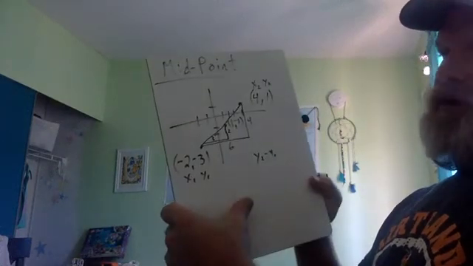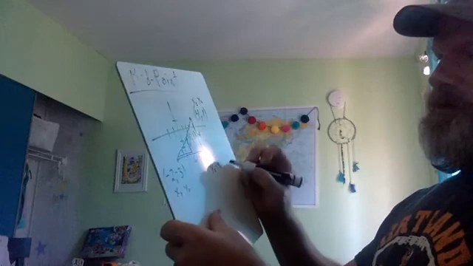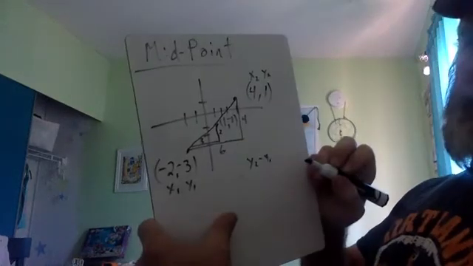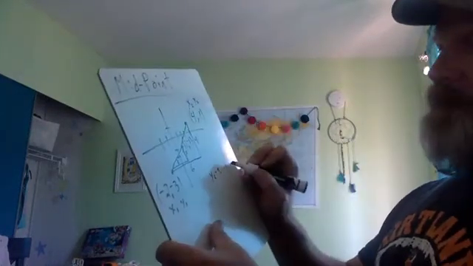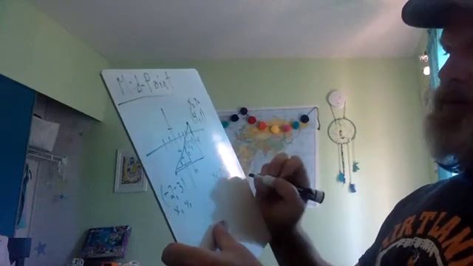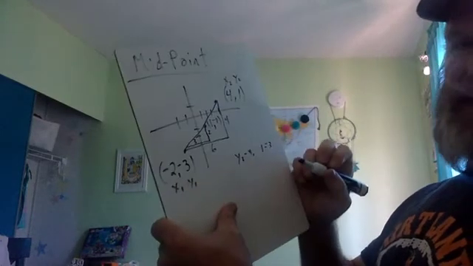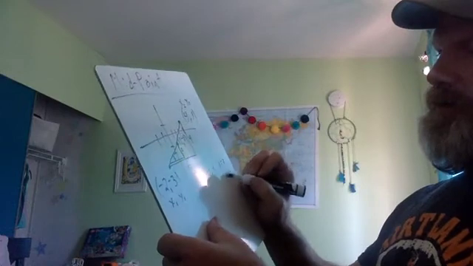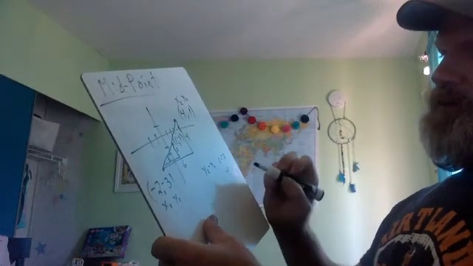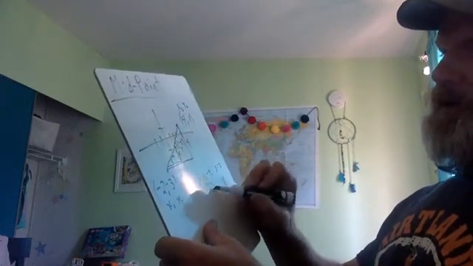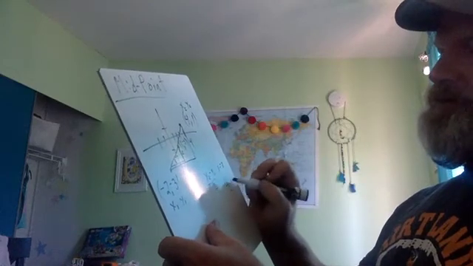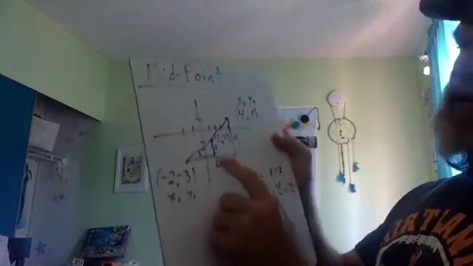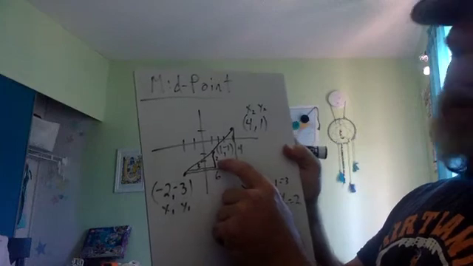So if we're going to subtract our y's, it would be 1, that's our y2, minus a -3. Minus a -3 means to add, so that would be 4. And then we're going to split that number in half. So 4 divided by 2 is equal to 2, and that's how we got 2.